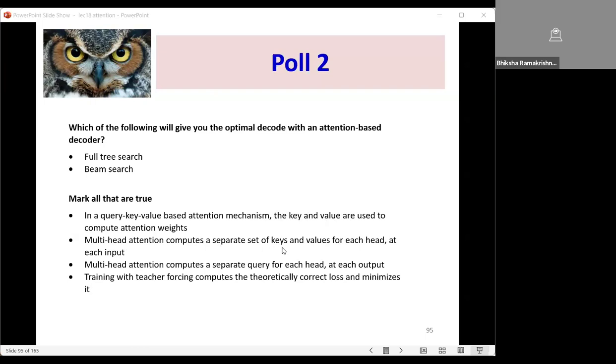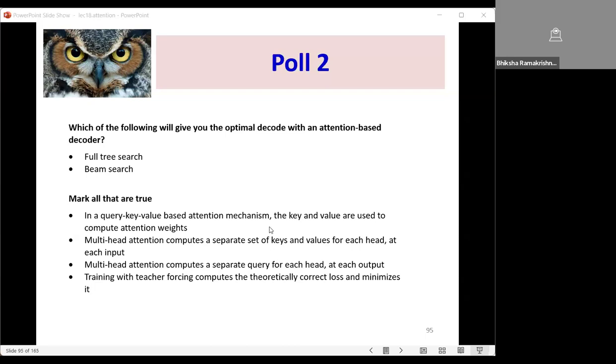Multi-head attention computes a separate set of keys and values for each head at each input. True or false? It's true, right? And multi-head attention computes a separate query for each head at each output. True or false? Also true, right?